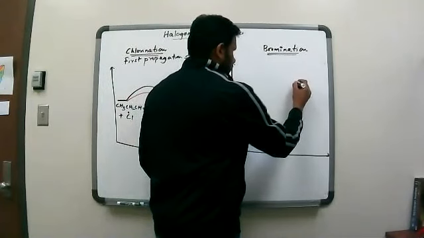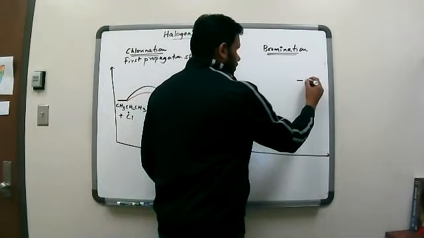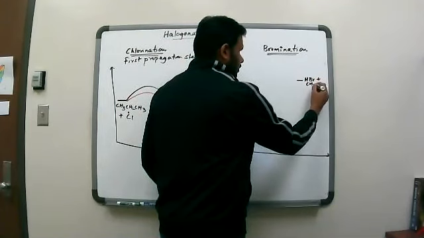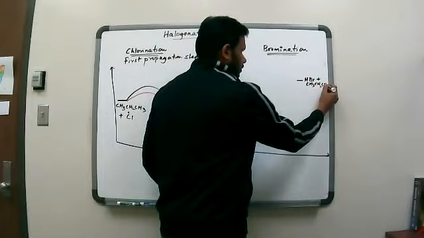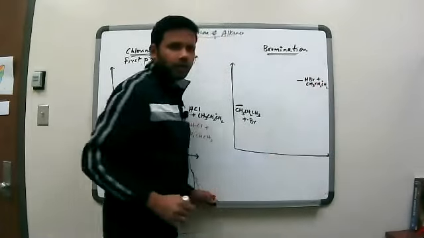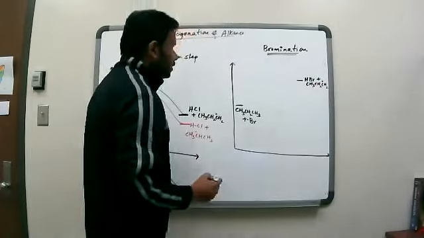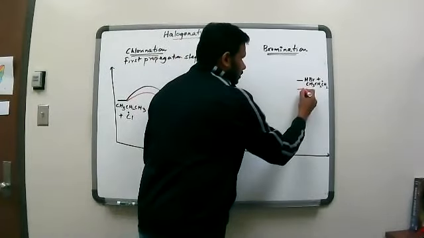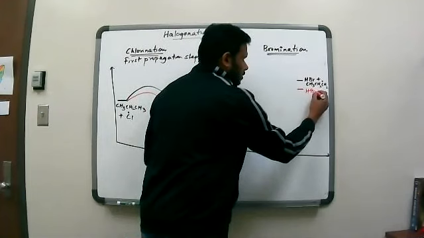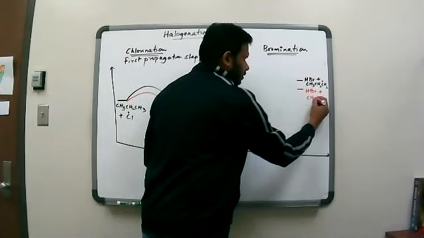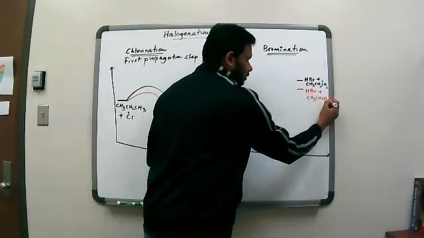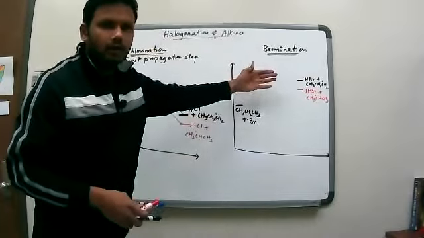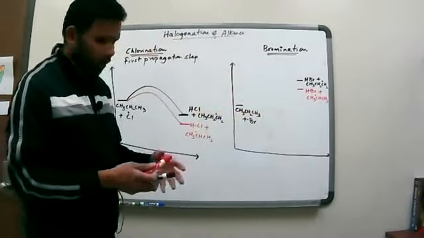So let's say this is where HBr plus the primary carbon radical is, and this is where HBr plus the secondary carbon radical is. They're both endothermic steps.